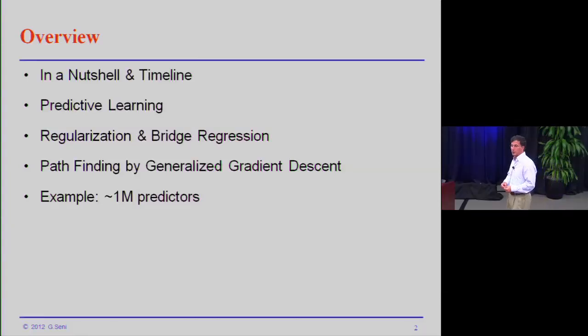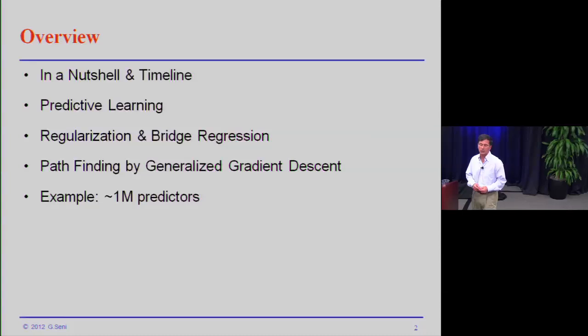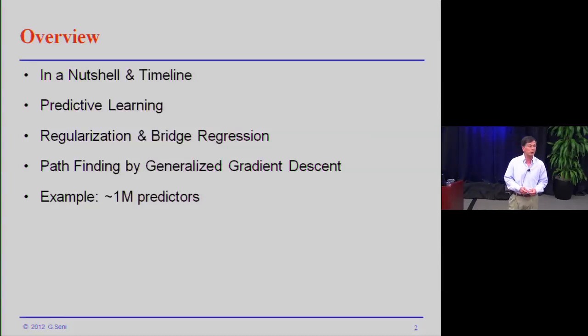Having a good understanding of how these methods work is useful because it allows you to more effectively set or adjust the control parameters of any software that you may be using that implements these algorithms. And lastly, an example from text mining where a large number of predictors easily arise.